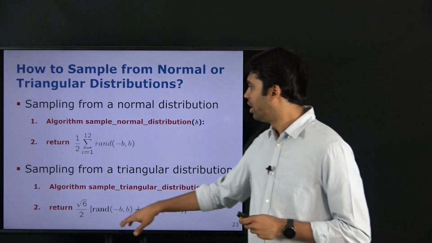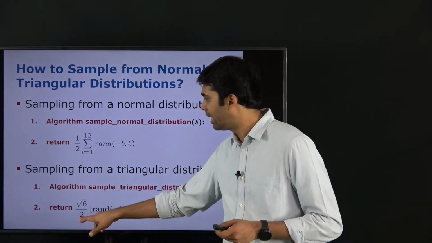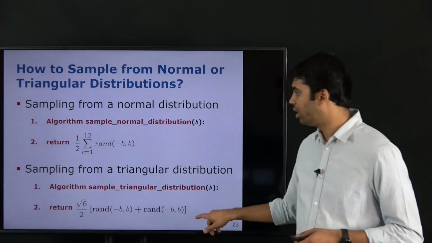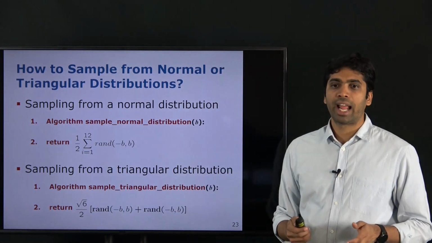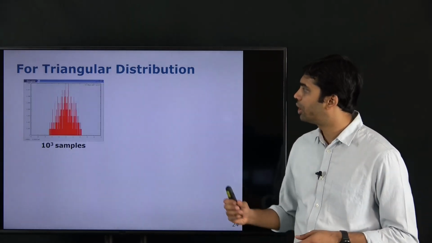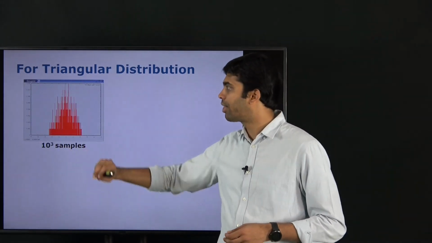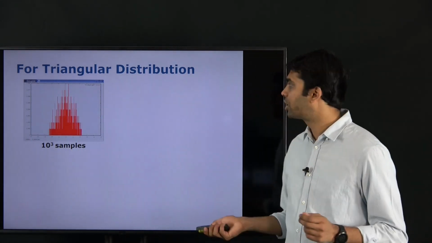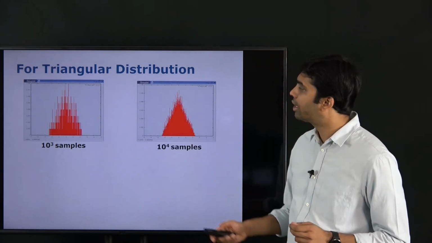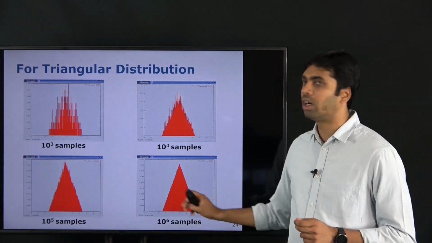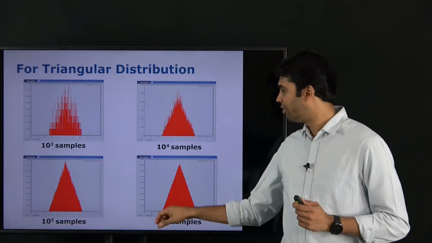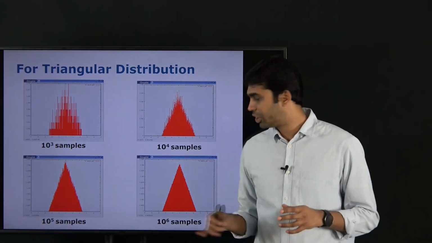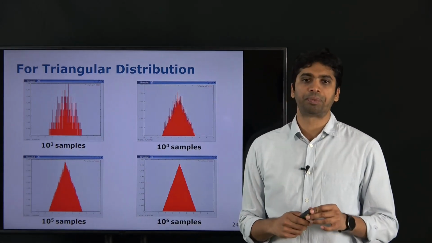We won't look into the proof, but it happens that if we compute a sample from this particular formula here, we end up with a triangular distribution which looks like this. For example, if we have only 1,000 samples, there's still some approximation error, but the more samples we take, the closer we get to the actual distribution. Here we have 1,000,000 samples and we are quite close to a triangular distribution.